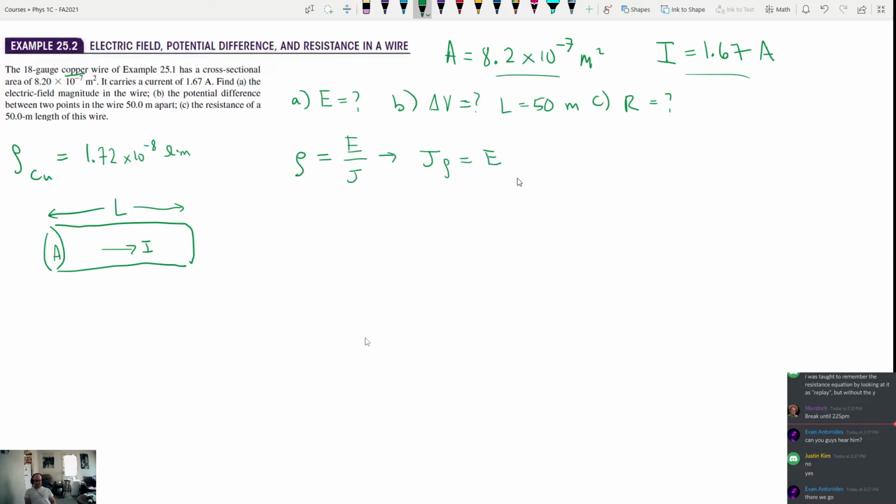And that means that if I do J, which is I over A, so 1.67 amps divided by 8.2 times 10 to the minus 7, and then we multiply by the resistivity, 1.72 times 10 to the minus 8, then we should get the electric field.